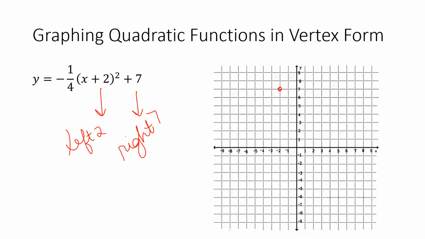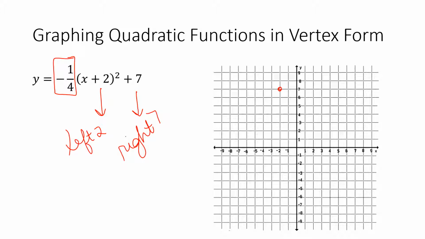That's our starting point. Now we can work with this stuff out front. We've got negative 1/4. So we want to take the original pattern, over 1, up 1, over 2, up 4, over 3, up 9, and essentially divide by 4 and make it point down because we have a negative here.